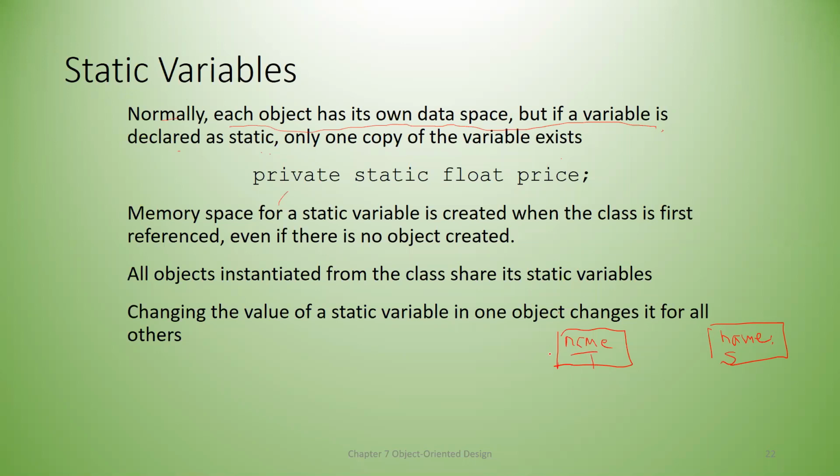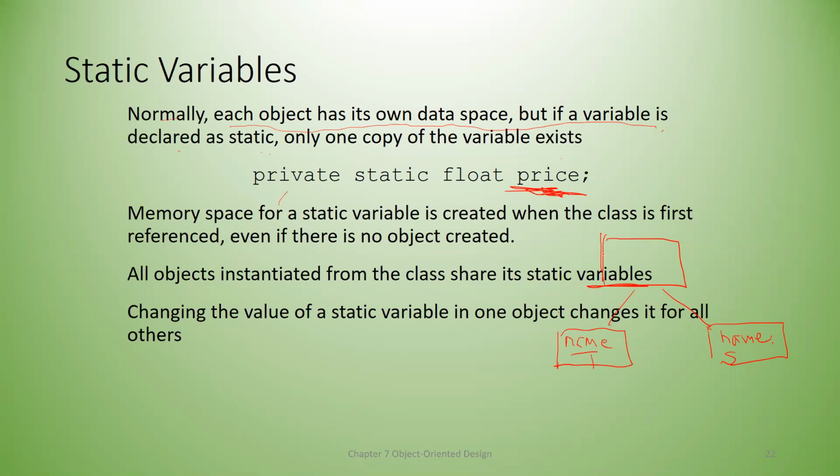For these two objects, they have two different spaces. But if you have a static variable called balance, for example, balance due, which is totally inappropriate, but suppose you have a static variable, that static variable is shared by both of them.